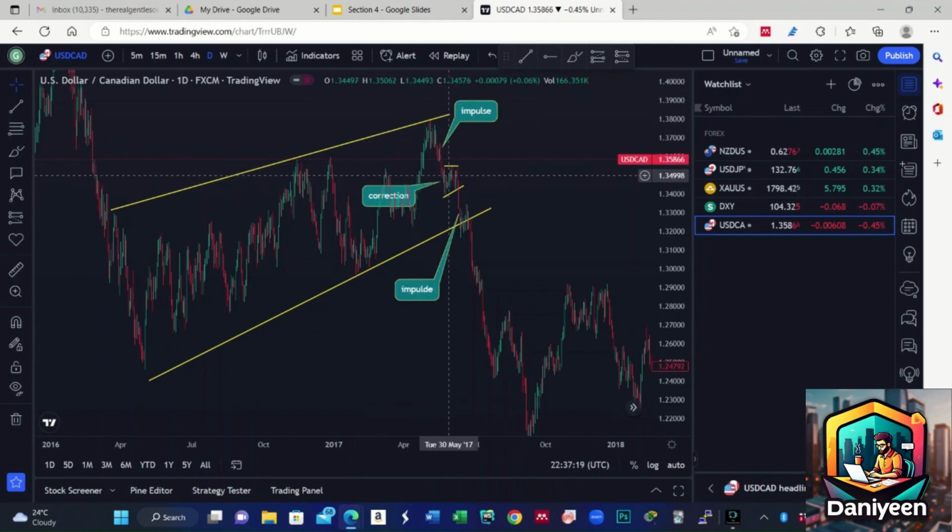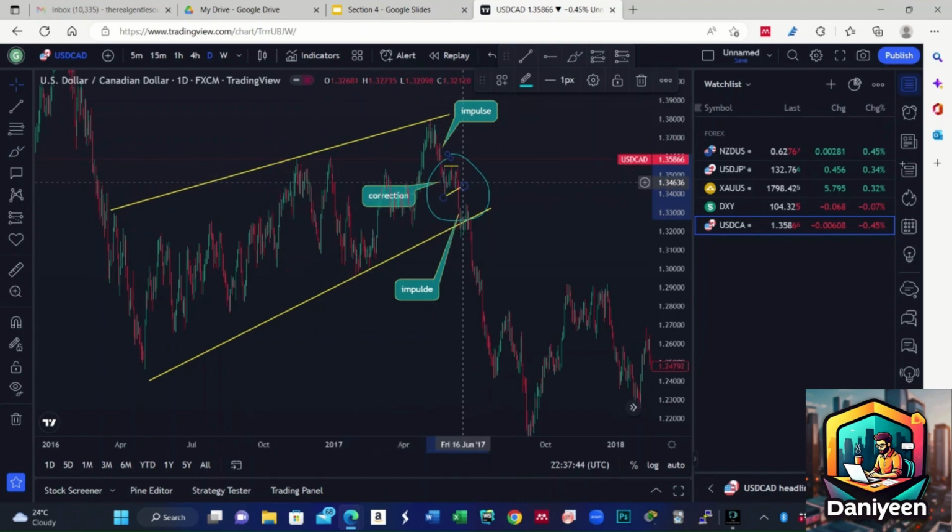It means even in this daily time frame, if I go lower to the 4-hour time frame, you are still going to see some impulse, correction, and impulse inside this correction of the daily time frame. Here I already circled it. In this correction, if we go to the 4-hour time frame, you are still going to see some impulse, correction, and impulse.